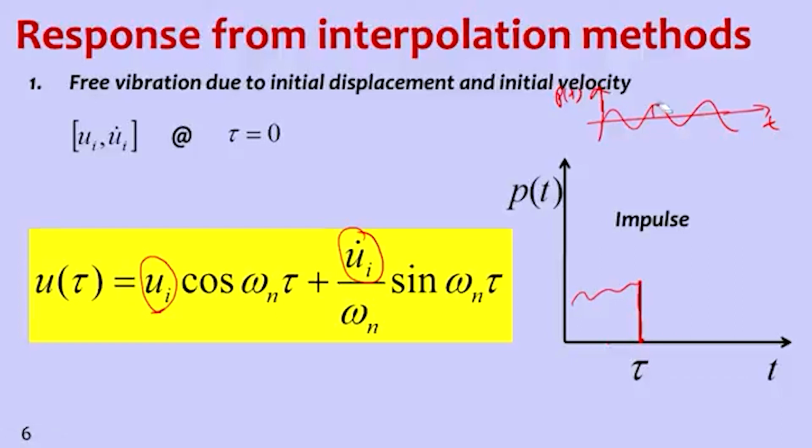So that means response also should follow like that. What will happen is, the response for this one may be something like this, and then after this it is just free vibration like this.